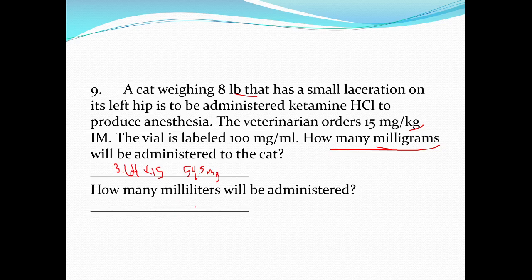Now we're going to take that number and divide by the concentration. Divide by 100, that's going to give us 0.54 milliliters.